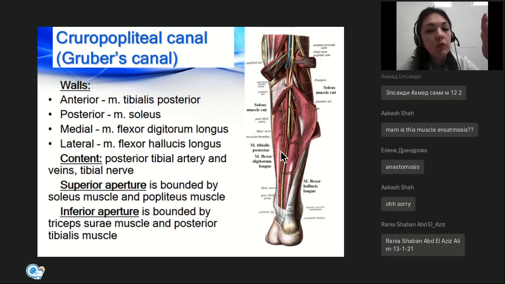And laterally, it is the flexor hallucis longus muscle. Through it, the posterior tibial artery and vein pass, as well as the tibial nerve. The superior aperture of the cruropopliteal canal is bounded by the soleus muscle and popliteus muscle, and its inferior aperture is bounded by the triceps surae muscle and tibialis posterior muscle.